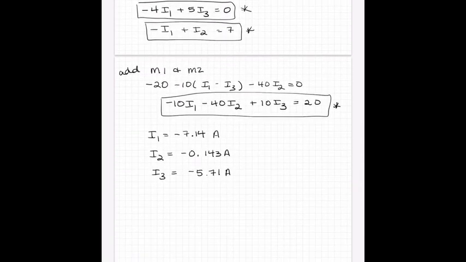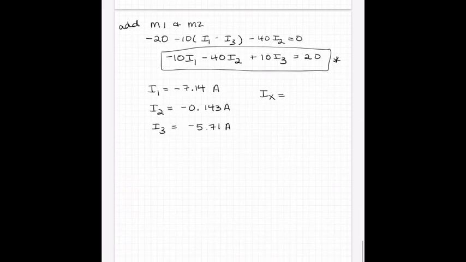So Ix is equal to, what did we say? Ix is equal to I1 minus I3. So that's minus 1.43 amps.